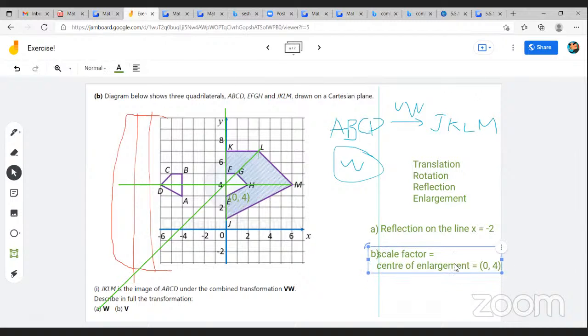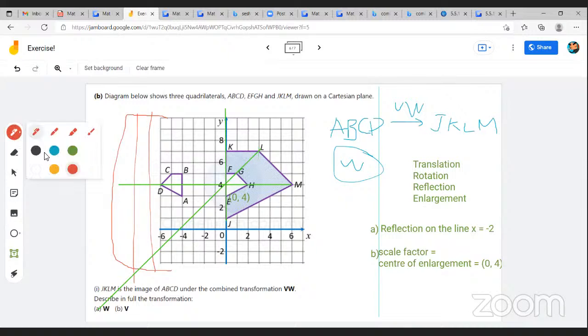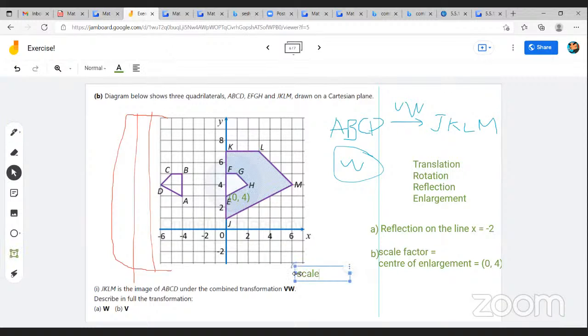The formula for scale factor, or K, is equal to image side divided by object side.